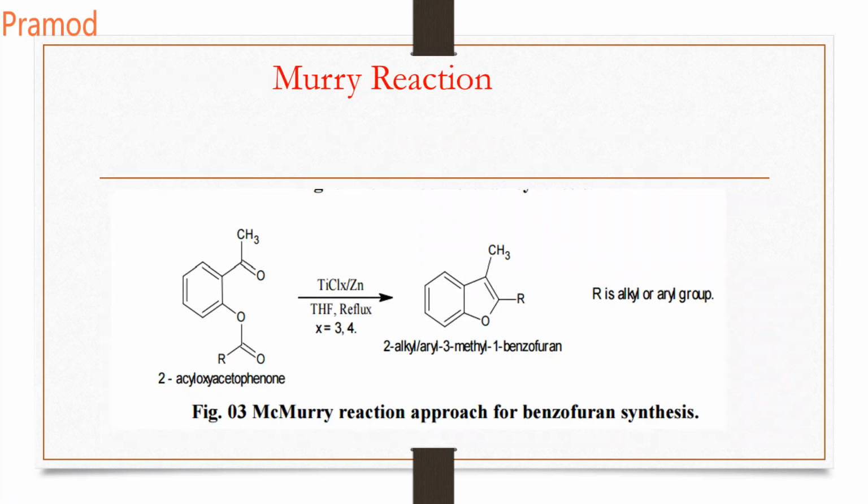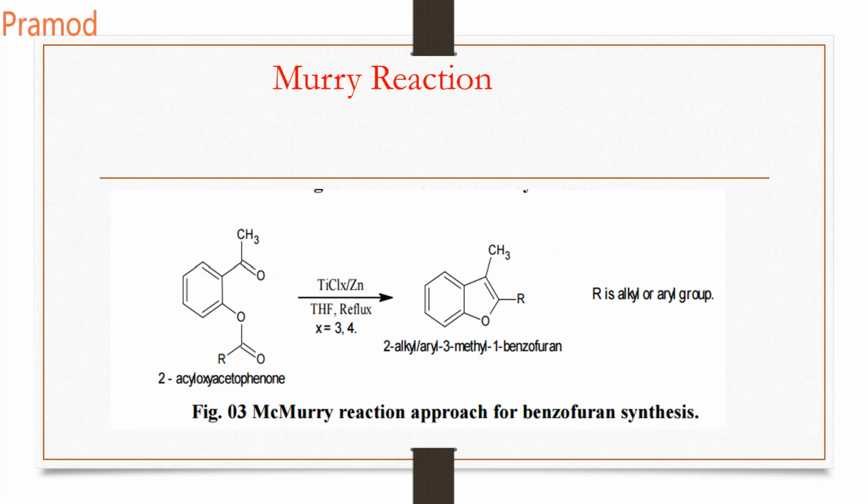The other method is to take 2-acyloxy acetophenone, and treat it with titanium chloride and zinc. It undergoes cyclization to give a substituted benzofuran. That is known as the McMurry reaction.